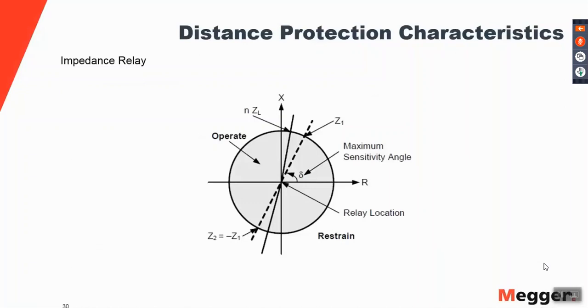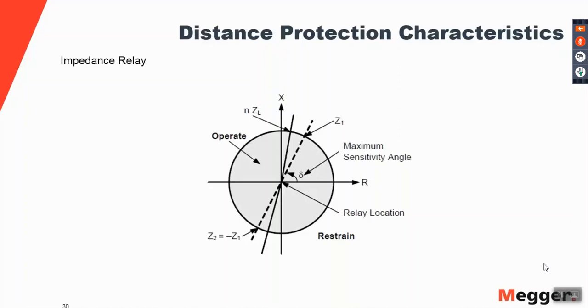So now let's talk about the characteristics that are used in distance protection. The impedance relay, which is apparently what we are talking about, is the natural extension of the concepts that we have been discussing up to this point. Why?